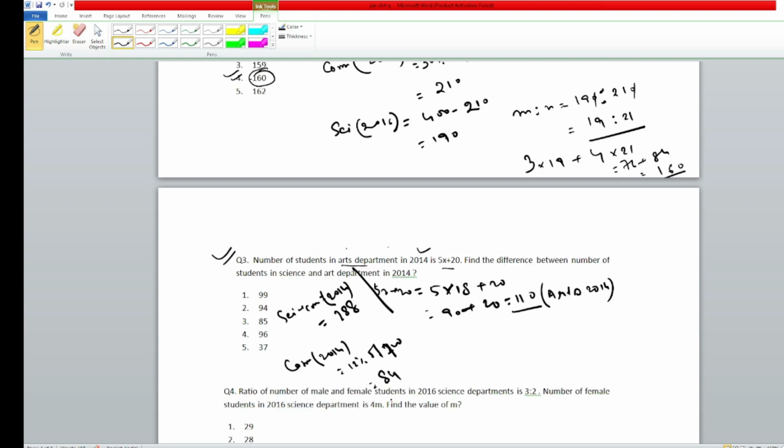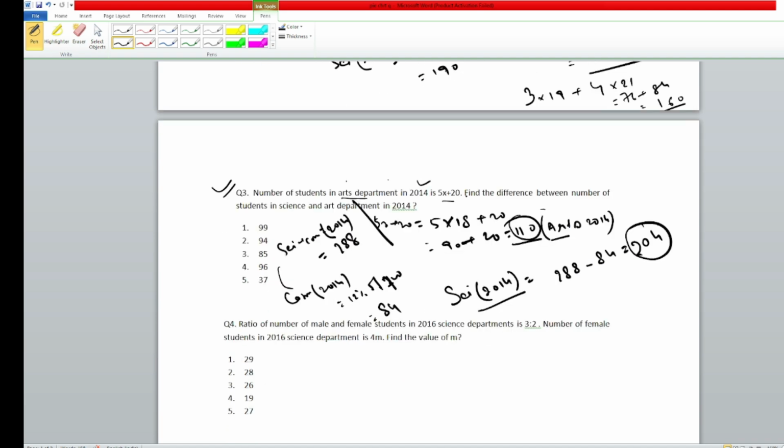The difference, that is science in 2014, is equal to 288 minus 84, which is equal to 204. So this is arts in 2014, and this is science in 2014.